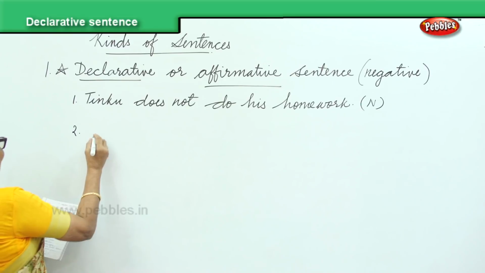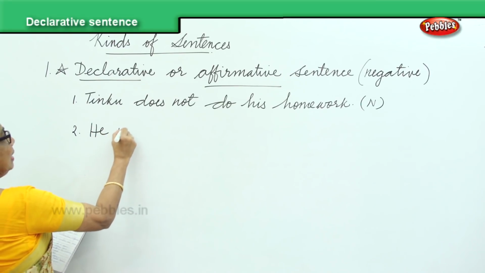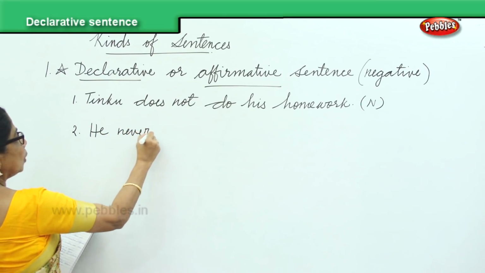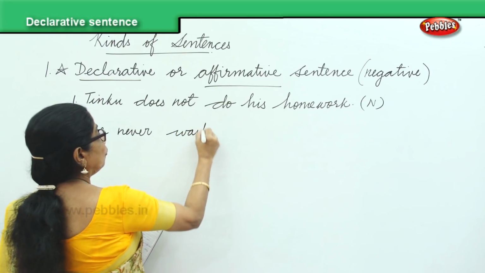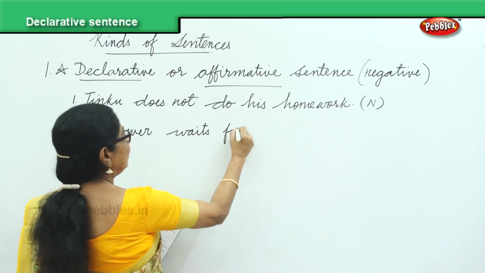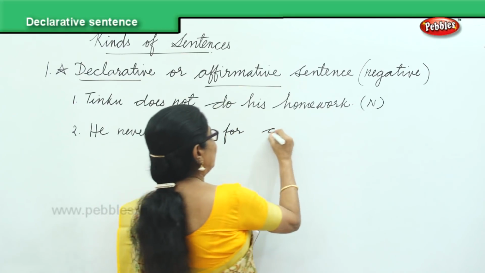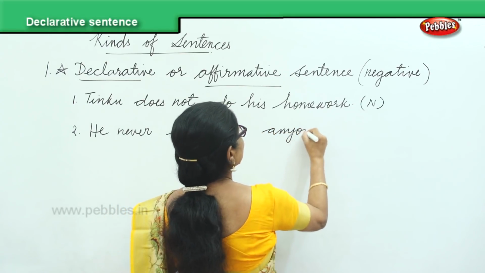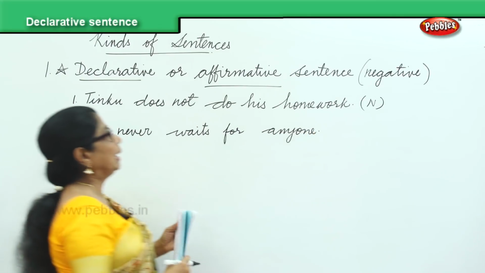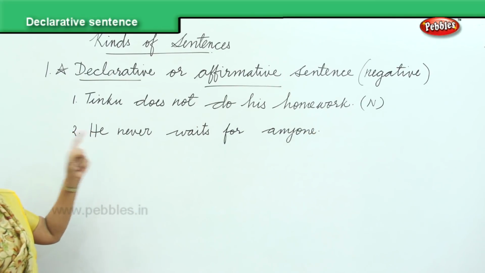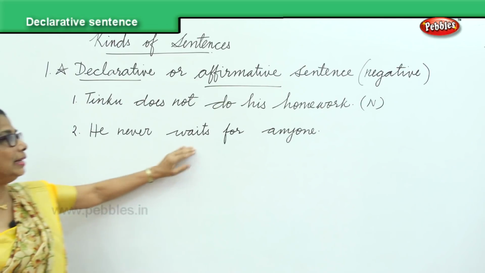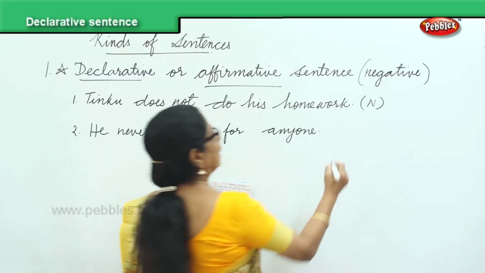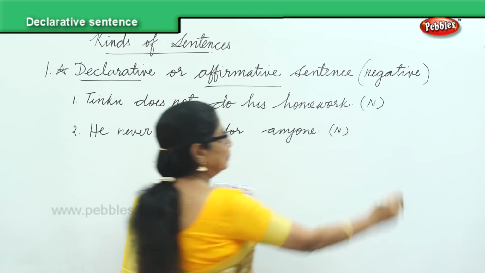We'll take another sentence now. He never waits for anyone. Now, it's a declarative, affirmative sentence. What kind of sentence? He never waits. So, it's a negative, declarative, or affirmative sentence.